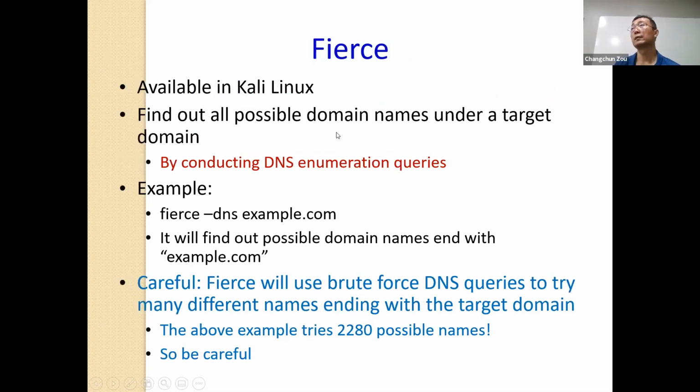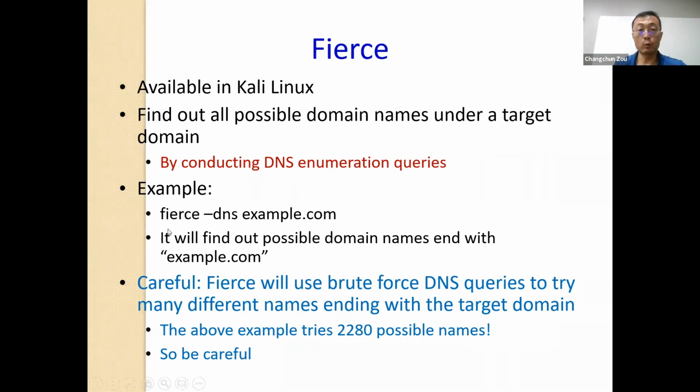So even the Linux server, database server, all the servers exist in a target company, you can still get it, as long as they have a domain name associated with them. Because once a computer has a domain name, this domain name will be used by DNS system. But all the information in DNS domain names, DNS servers, they are public information. So that's why it can collect the information.